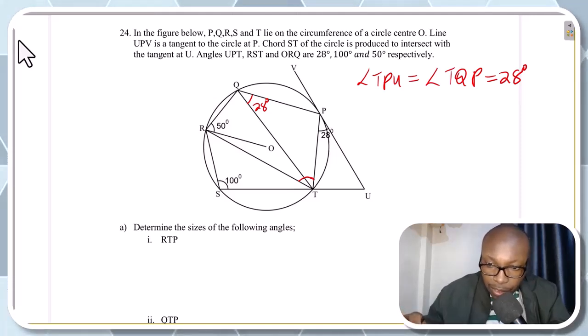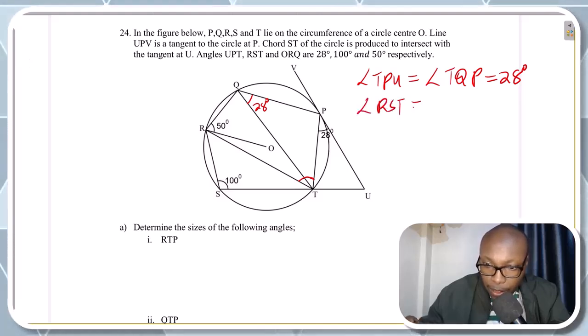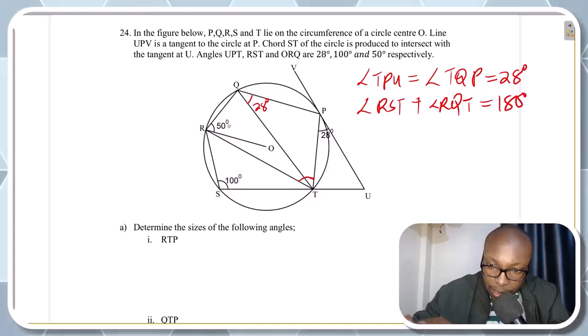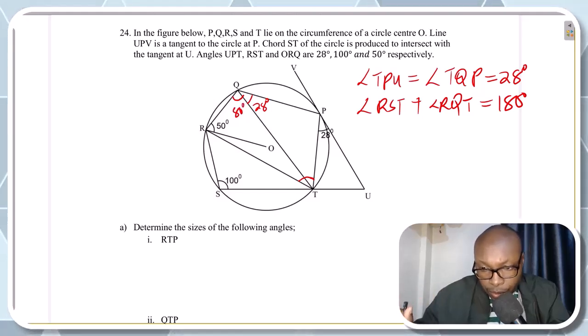Let me first write this: angle RST plus angle RQT should give 180. Therefore, if this S is 100 degrees, then this one should be 180 minus 100, which is 80 degrees.